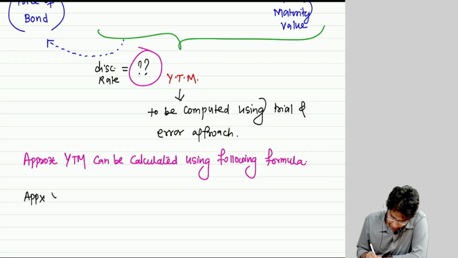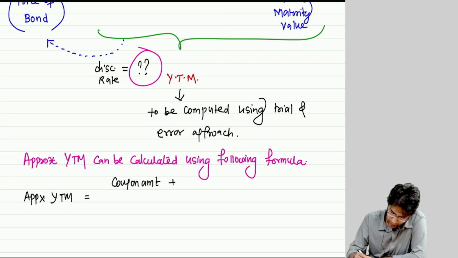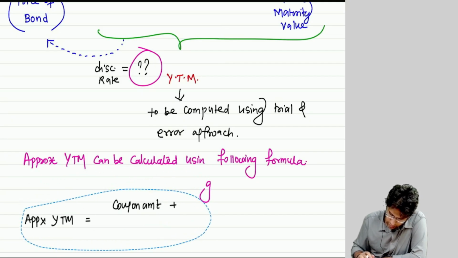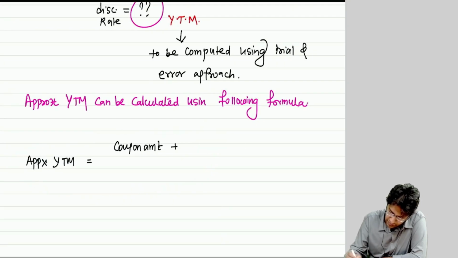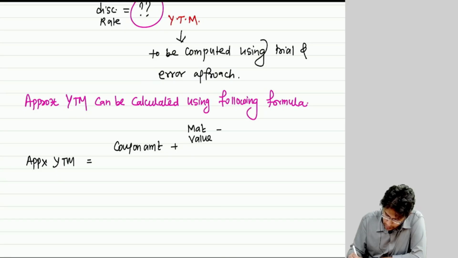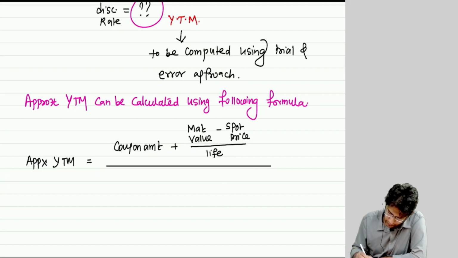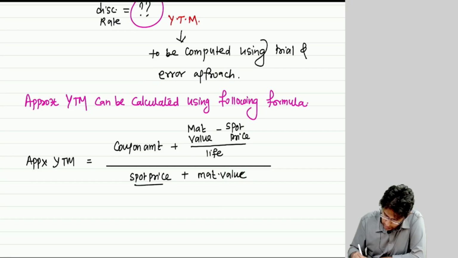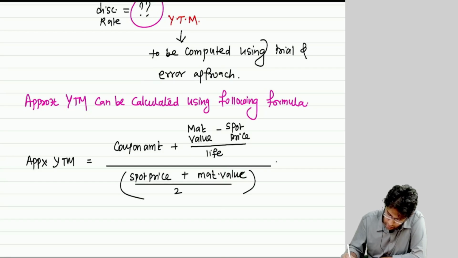The formula is this: take the coupon amount, to that coupon amount add maturity value minus spot price of the bond divided by life of the bond, whole divided by spot price plus maturity value divided by 2, into 100.